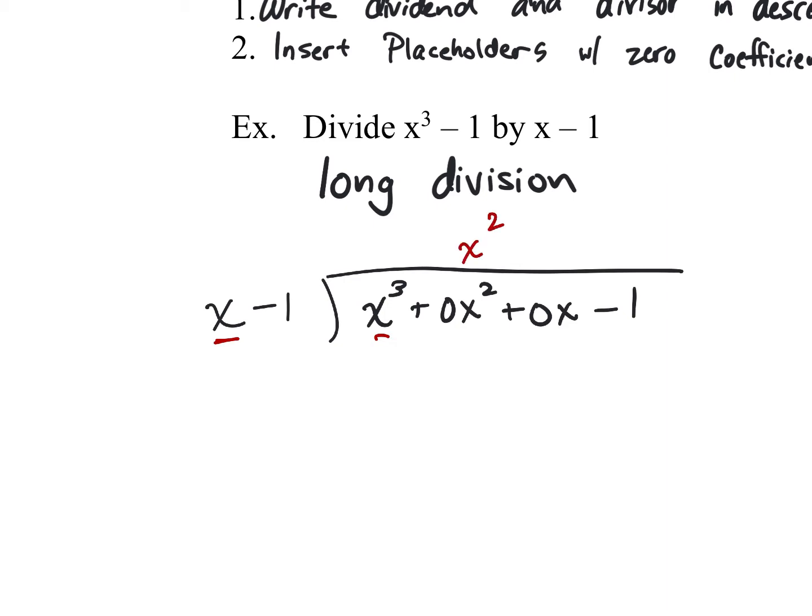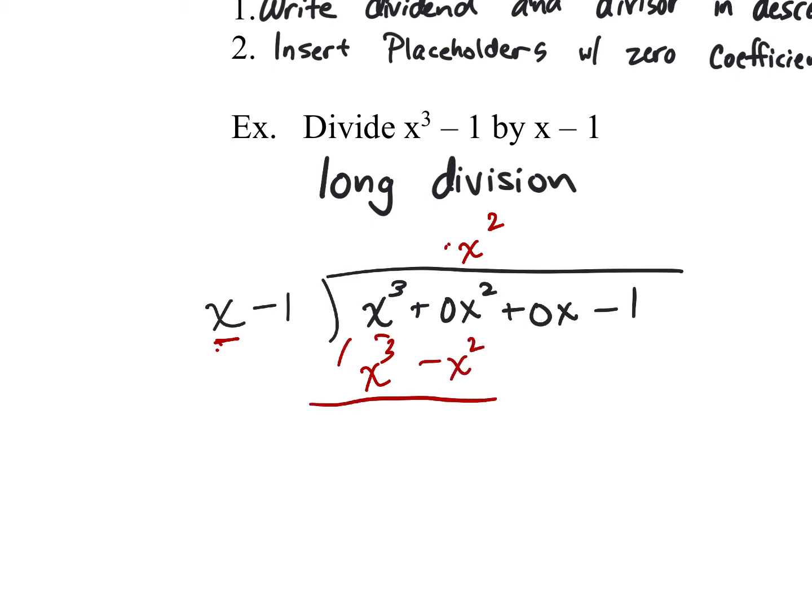Notice that I'm lining up my variables, right? I have x squared here in the same column as that 0x squared. Once I have that x squared, I multiply. So I multiply x squared times x and get x to the third. And then I multiply x times negative 1 to get negative x squared.